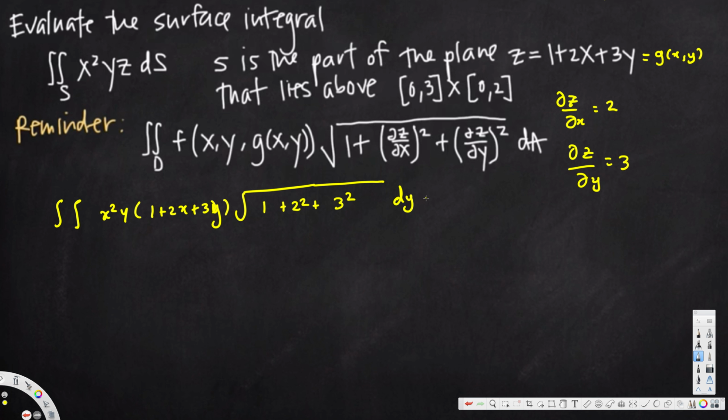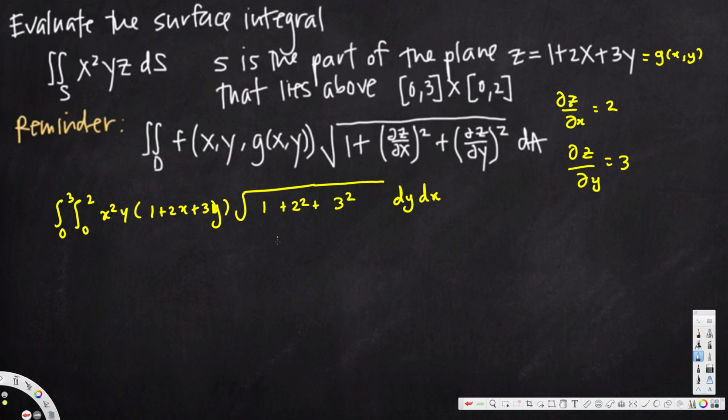Since we are integrating with respect to y first, we have to put the limits of integration of y first. That's 0 to 2, so that's going to be our first limit, and then 0 to 3 is the x limits.